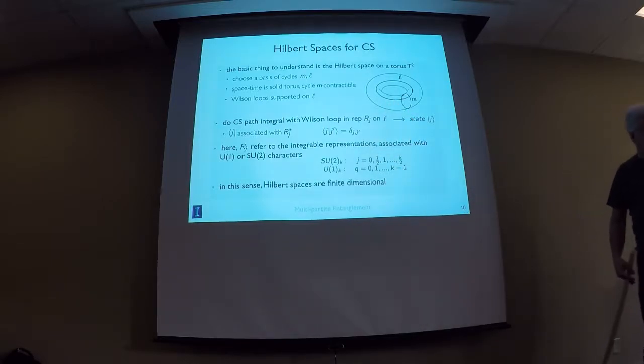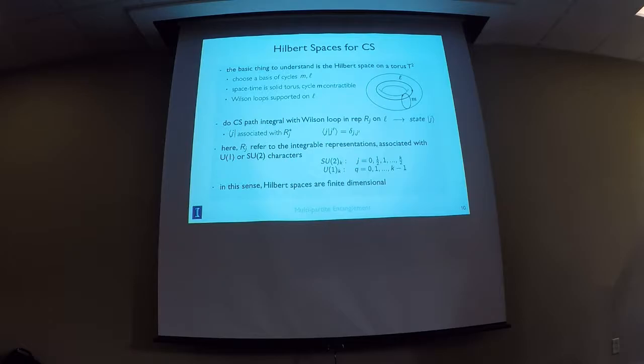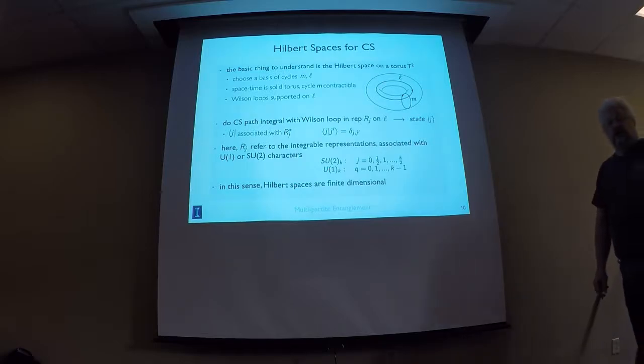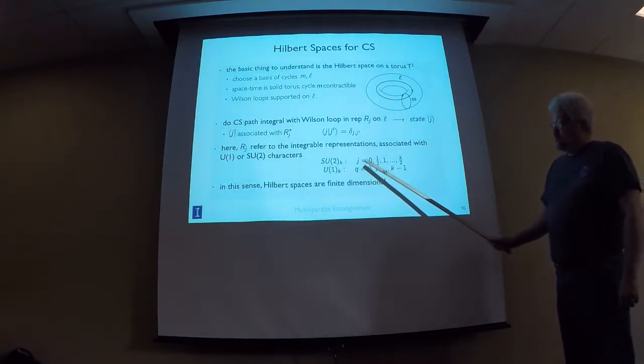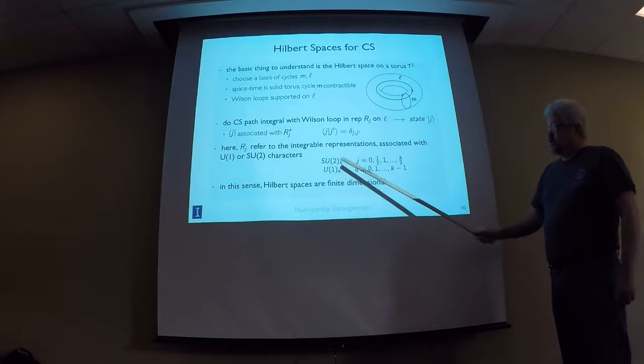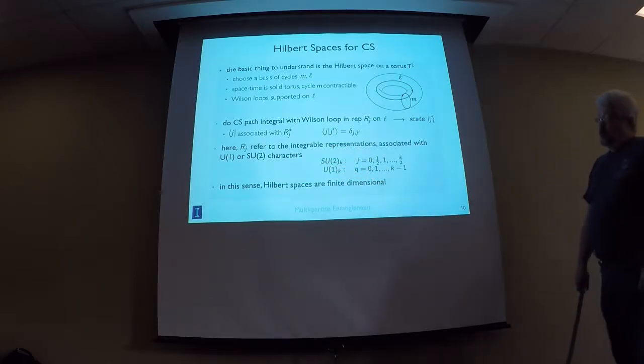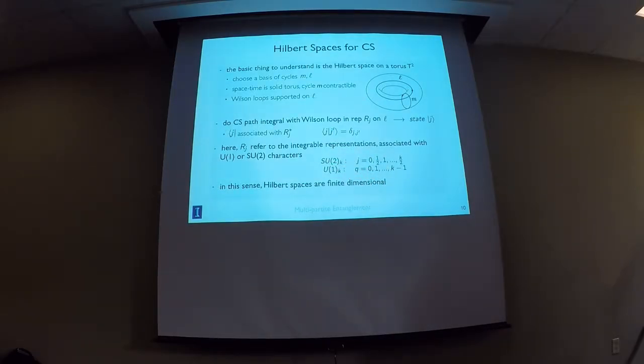Okay, so for example, you can think about these things from the point of view of the dual CFT. The representations that I'm talking about here are collections of Virasoro modules that have a definite SU2 charge, and they form modules of the affine SU2.